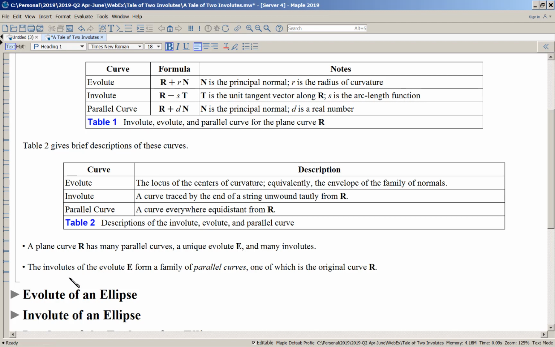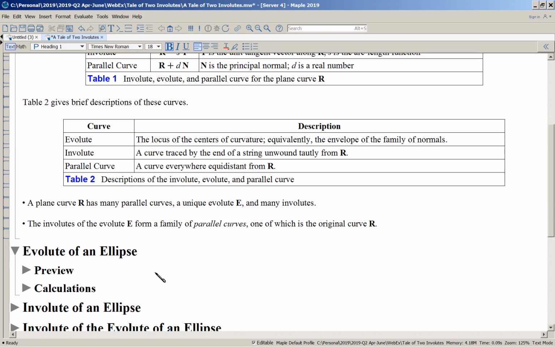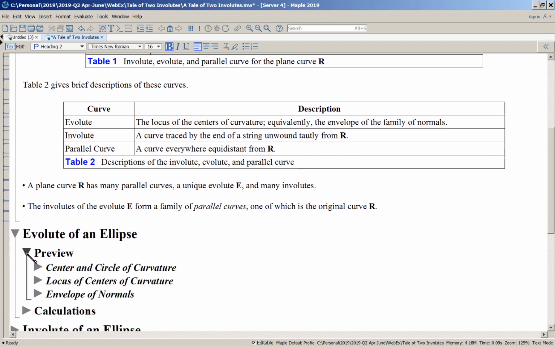The involutes of the evolute will form a family of parallel curves, one of which is the original curve R. So let's look at the evolute of an ellipse. And by way of preview, I've got some pictures.